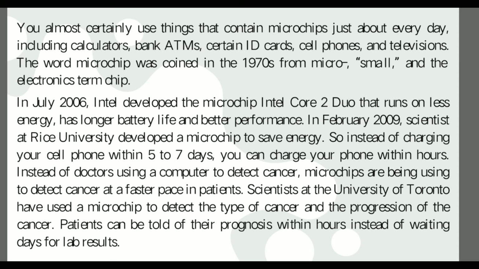In July, Intel developed the microchip Intel Core Duo that runs on less energy, has longer battery life, and better performance. In February, scientists at Rice University developed a microchip to save energy. So instead of charging your cell phone every 5 to 7 days, you can charge your phone within hours.